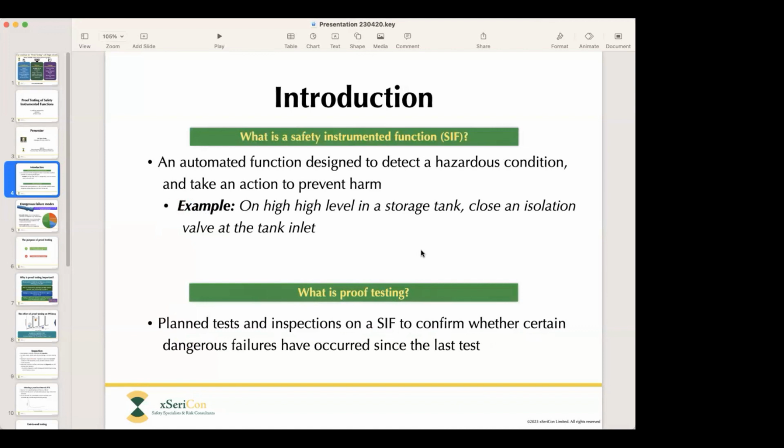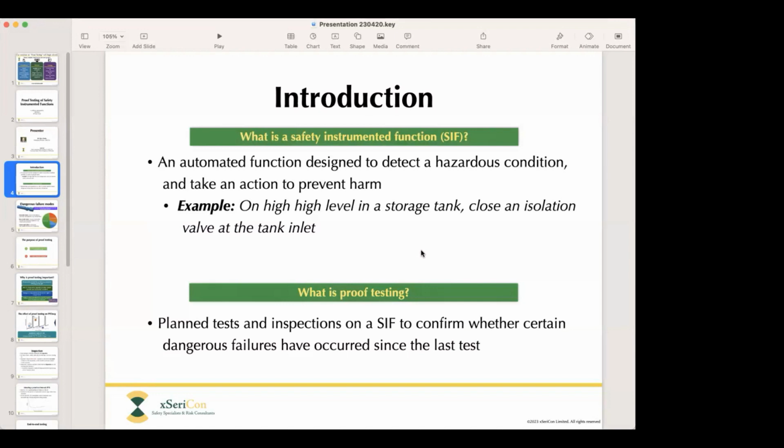So today we're focusing on something called a safety instrumented function, or SIF, which is a function that is completely automatic, and it's designed to detect when a hazardous condition arises in some process equipment and take an action in order to achieve or maintain a safe state in that equipment, with the intent of avoiding or minimizing some harm that may arise, such as an overpressure or overfilling, a loss of containment, a spill that could lead to a fire or explosion, or an injury, or an environmental incident.